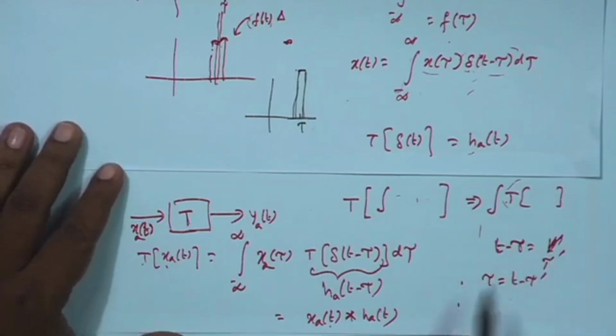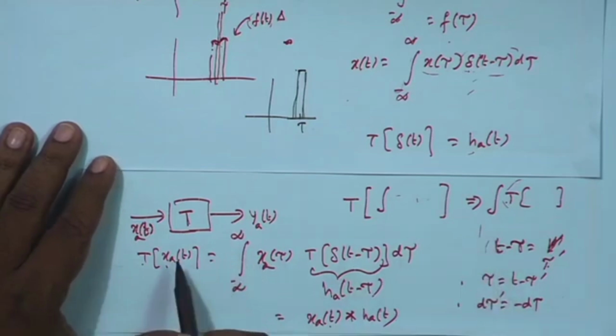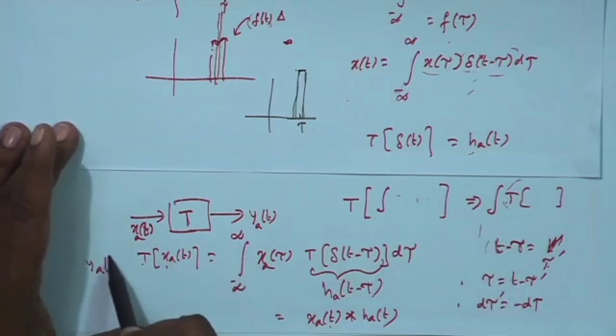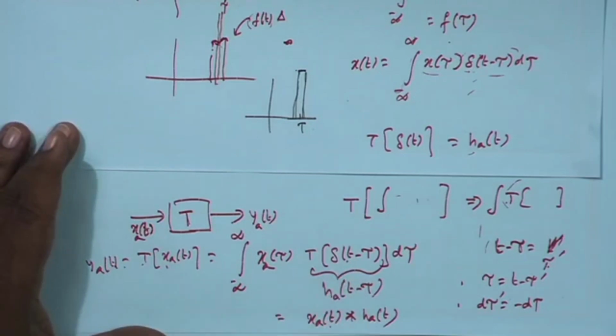This is number 1. Number 2, d tau prime is minus d tau. Small t is fixed from outside. You want to find out the output at a particular time, y a t. So, t is fixed from outside, that t is not variable. You want to find out the output at that t. Tau is variable in the integration. So, t minus tau is substituted by tau prime.